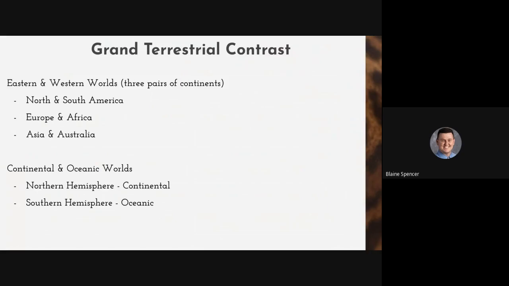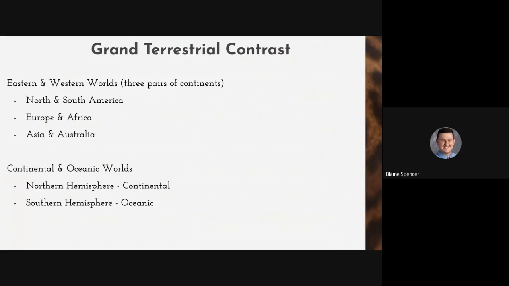The second pair is Europe and Africa. If you're looking down at the map, basically it's whatever continents are right below or above each other. And the last pair is Asia and Australia.